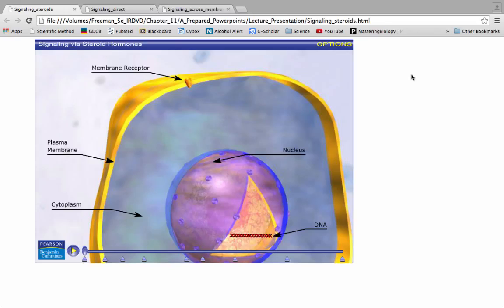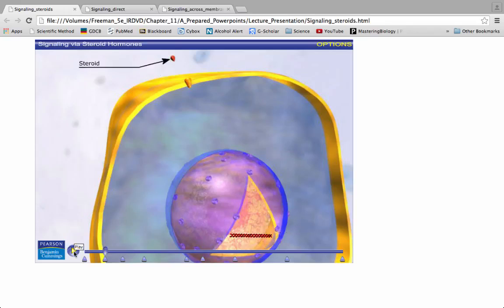Let's look at how steroid hormones carry signals into receiving cells. Steroid hormones, being lipid-soluble, bind their receptor on the plasma membrane of the receiving cell. Once the steroid hormone binds its receptor on the target cell, the complex then travels inside the cell and reaches the nucleus.